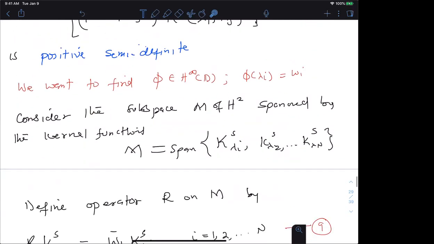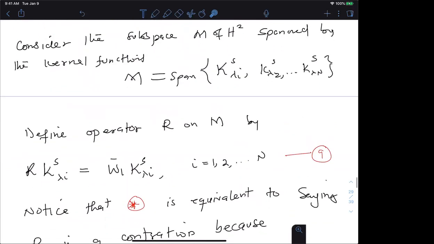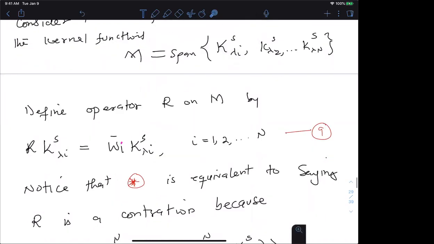Now let's consider the subspace M of H2 that is spanned by the kernel functions. So M is equal to the span of the kernel elements. And let's define the operator R on M by this. So R acting on the kernel element K lambda i is going to be omega i K lambda i, where i runs from 1 through n.